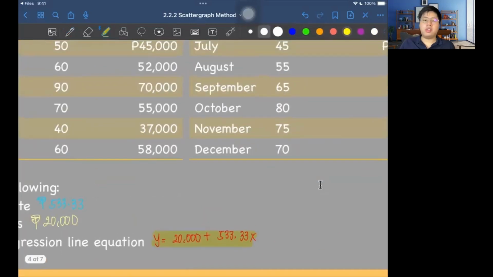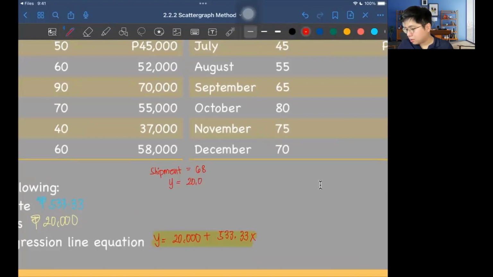With this equation, at any level, for as long as it is within the relevant range, you will use this formula. For example, we have here a shipment of 68. Then we should be able to use this formula: the total cost is equal to 20,000 plus 533.33 multiplied by 68 shipments.